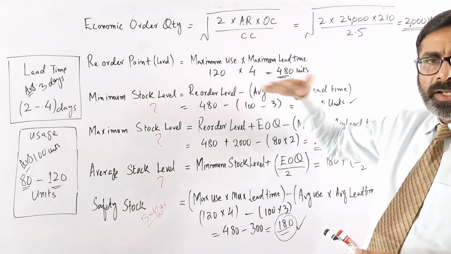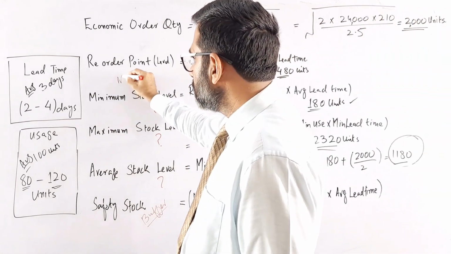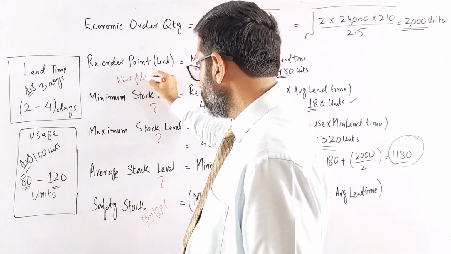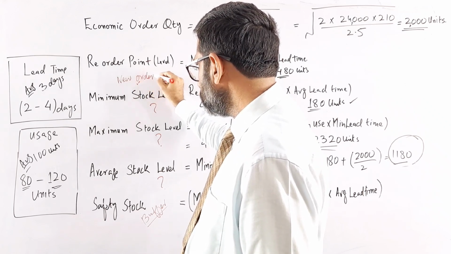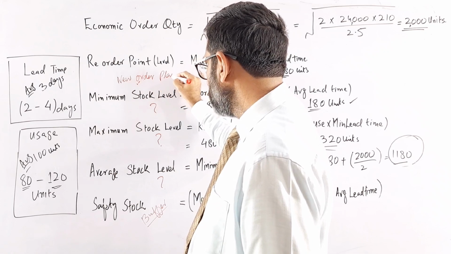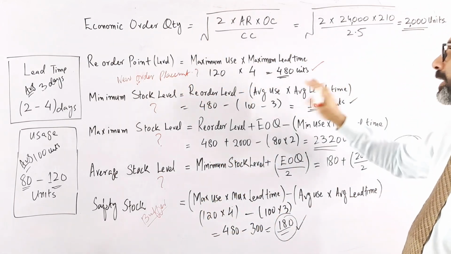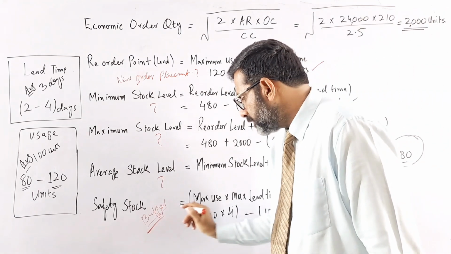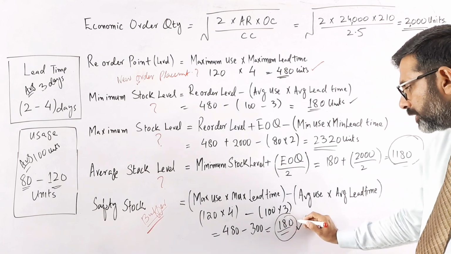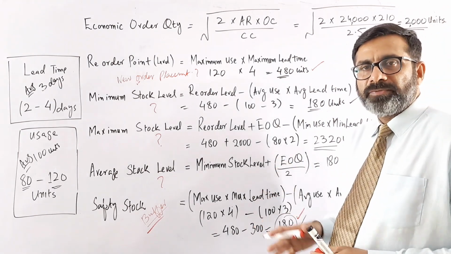Then the reorder point means when they should place a new order. They should place the new order when the inventory is at 480 units, and then they should have a buffer stock or safety stock of almost 180 units.